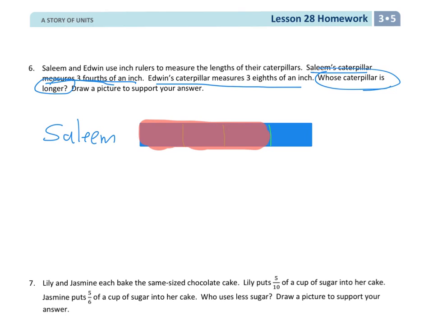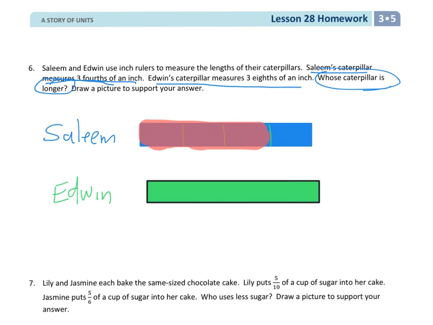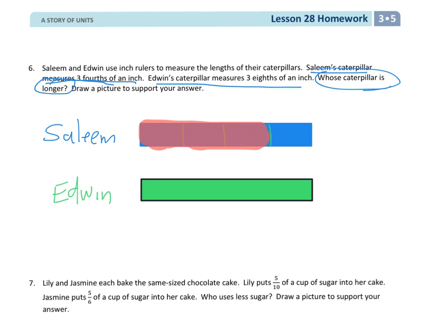Now I want to draw Edwin's caterpillar. And I'm going to try to make this as equal as I can. It's pretty good. And I'm going to break this into 8s because I see that Edwin's caterpillar measures 3/8.